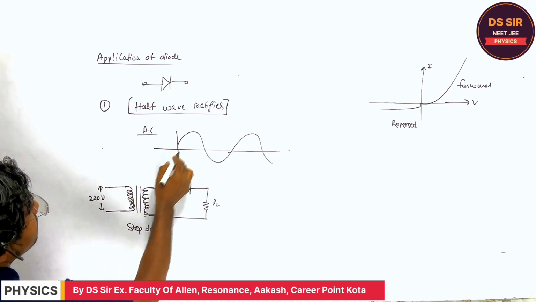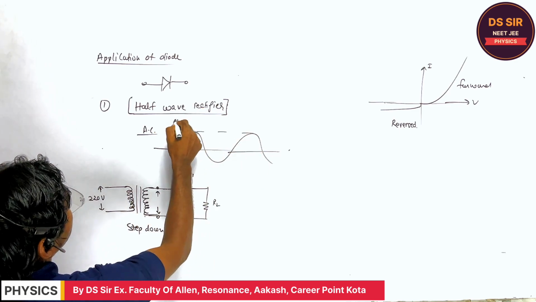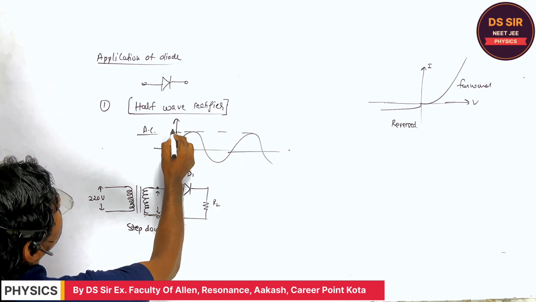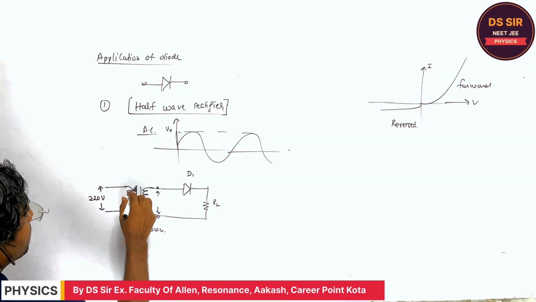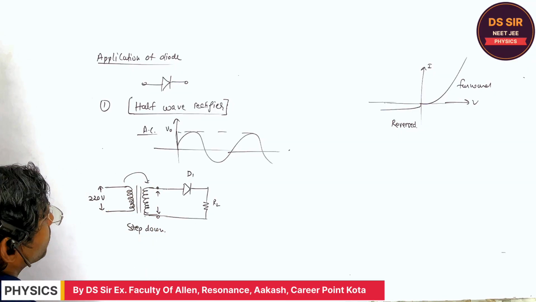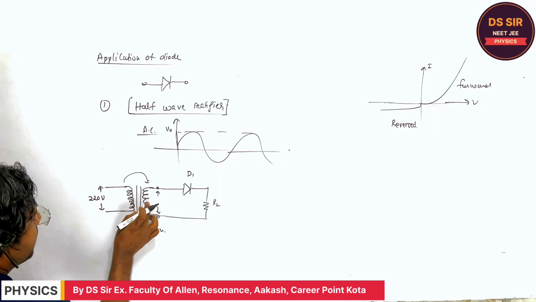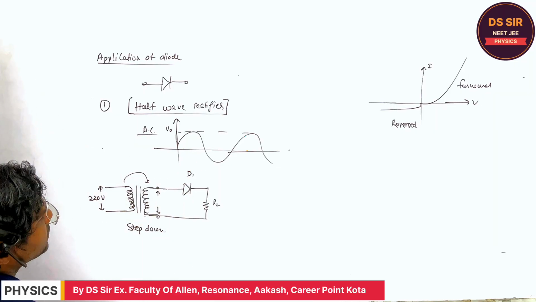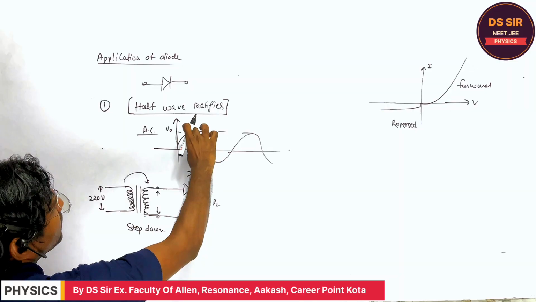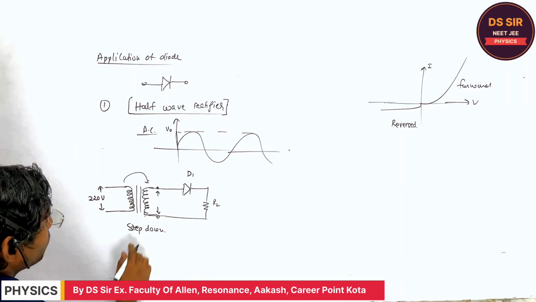Suppose this is the AC supply with a peak voltage of V0. When the step down transformer is applied, the output voltage is stepped down, its amplitude or peak value reduces. Are you getting or not?